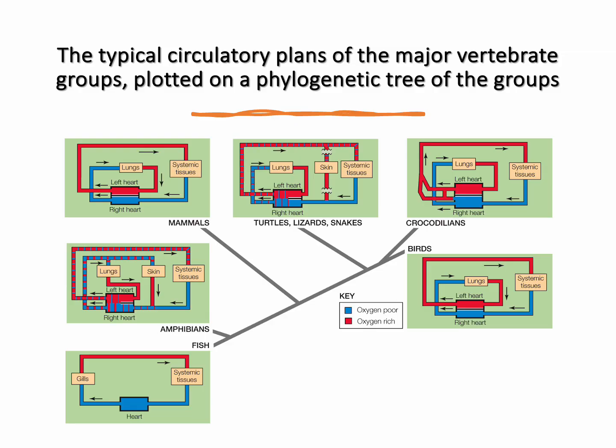But what's interesting is amphibians show a partial separation of oxygenated and deoxygenated blood, and that's what they're trying to show you here. It looks like this is the evolutionary relationship they believe these animals have based on their circulatory plans.